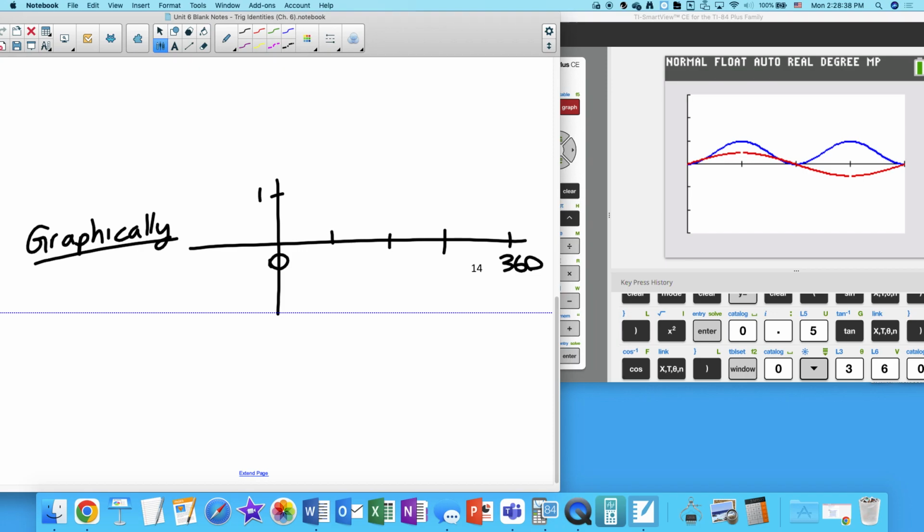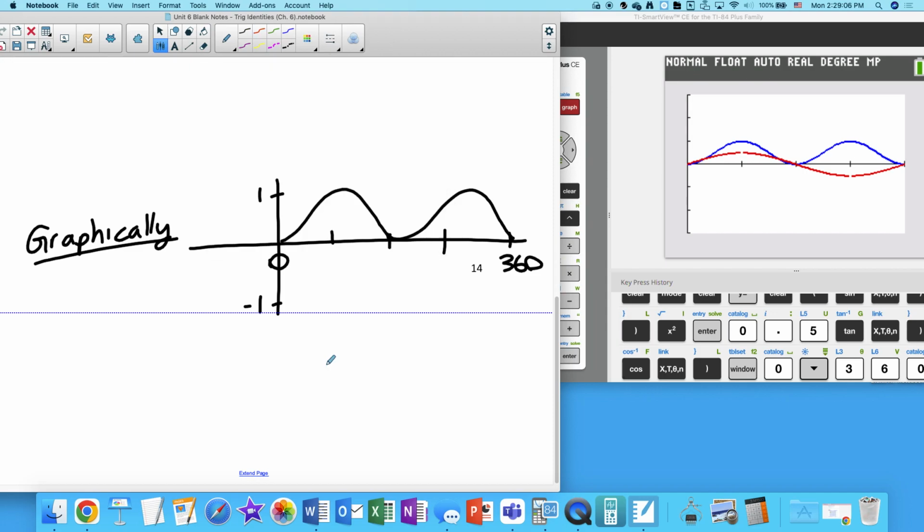Okay, so the blue one almost looks like there are 2 periods. So it kind of goes like that. Oh, that's bad. Well, it'll have to do. And then the red one, I really like to change my color. Let's see if the smartboard will let me.